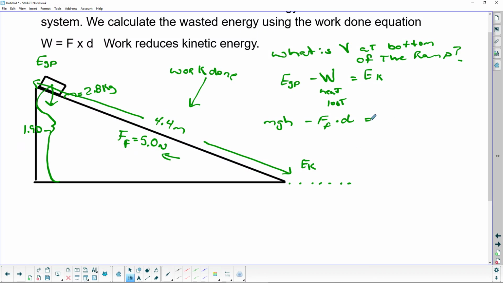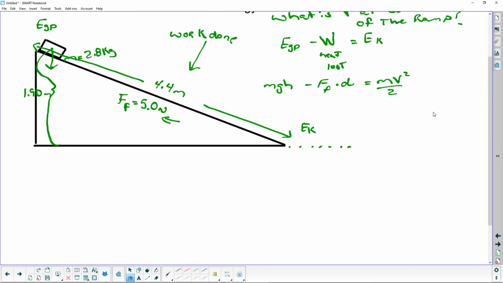And kinetic energy is mass times velocity squared over 2. Unlike the last one where we cancel out the m's, there's no m here, so I can't common factor it out. I cannot cancel it this time. So we're going to solve through that.